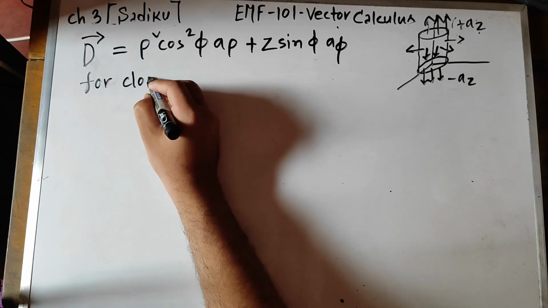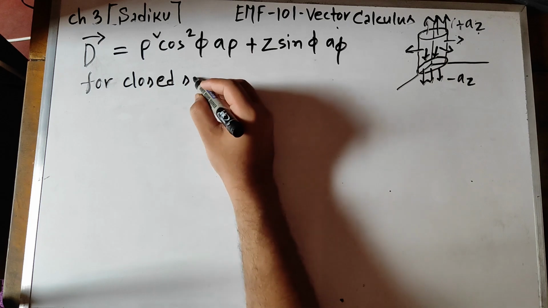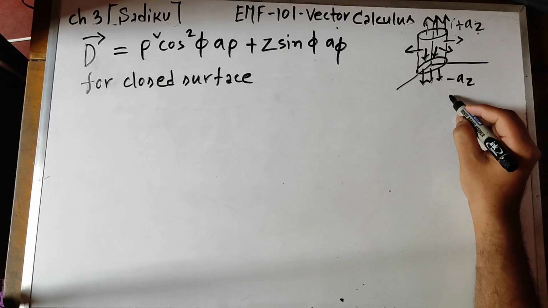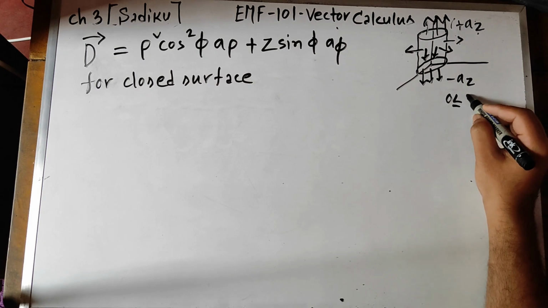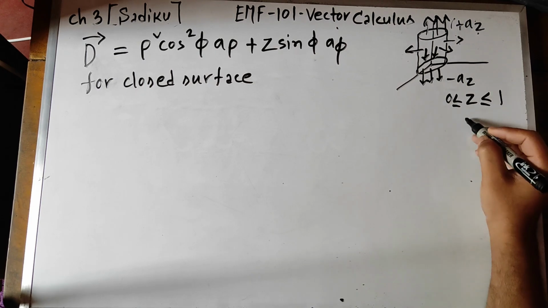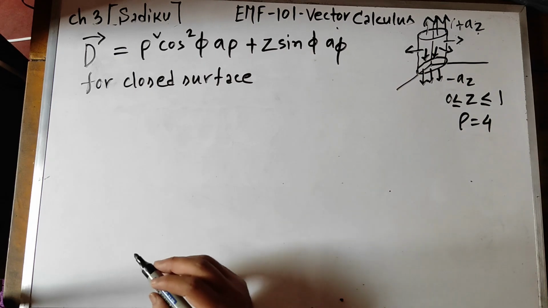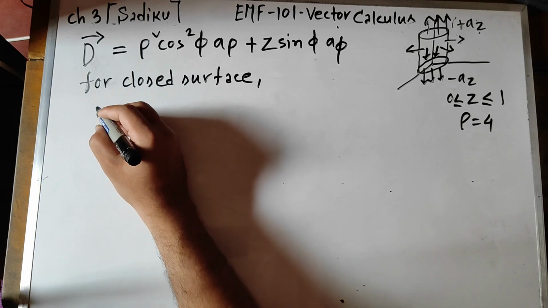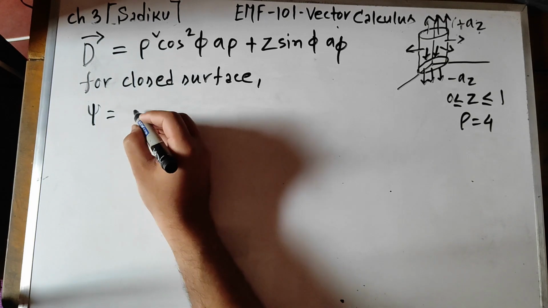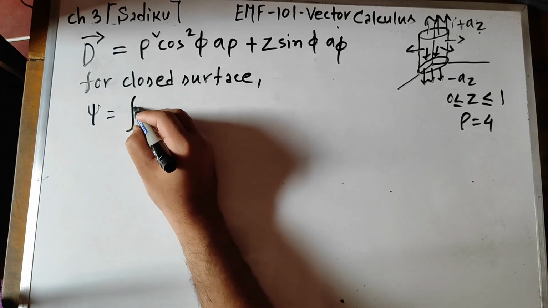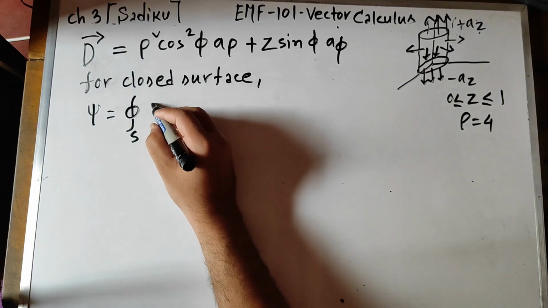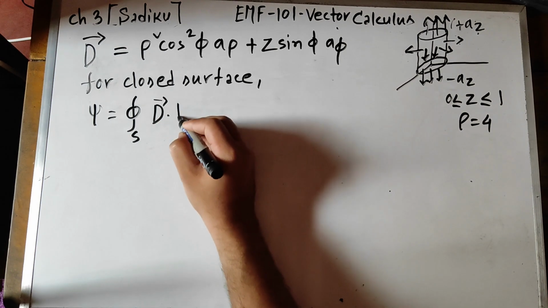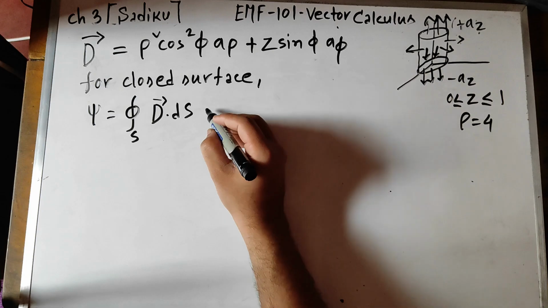So for the closed surface, the cylinder has the ranges z from 0 to 1, rho equals 4. The flux, say phi, is the integral of the vector through the whole closed surface.